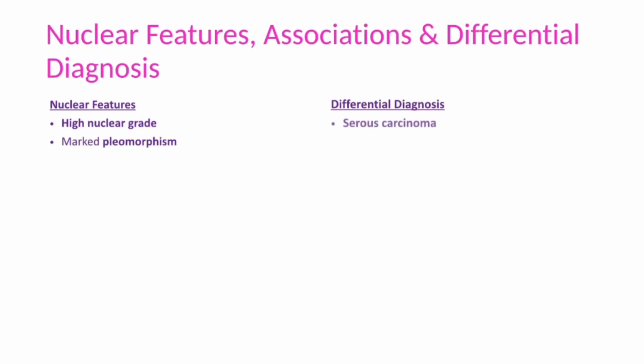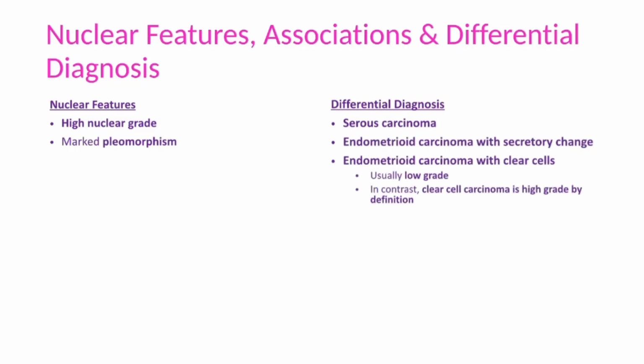So the differential diagnosis, with the help of nuclear features, includes serous carcinoma, endometrioid carcinoma with secretory change, and endometrioid carcinoma with clear cells. Usually we have to focus on nuclear features: endometrioid carcinoma with clear cells shows low grade nuclear features, while clear cell carcinoma has high grade nuclear features.